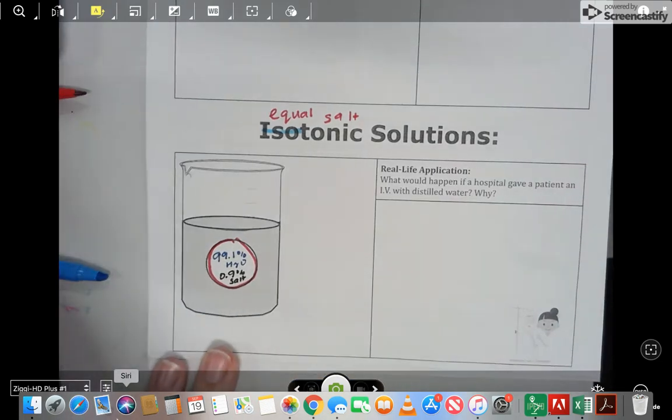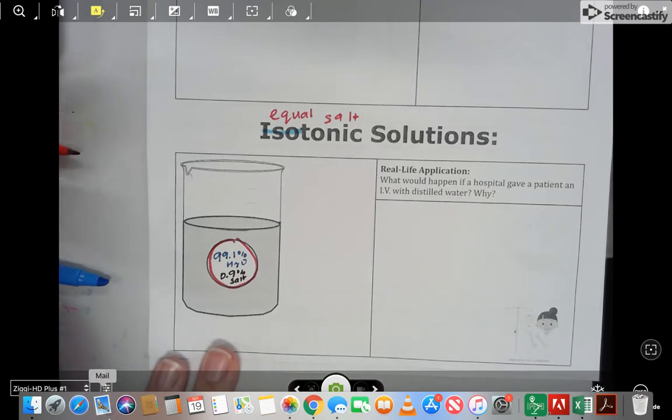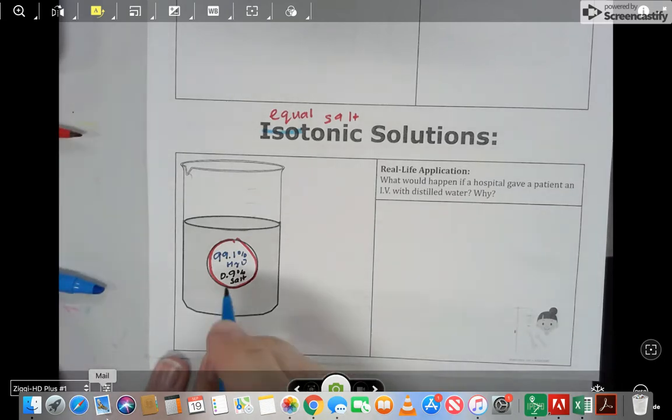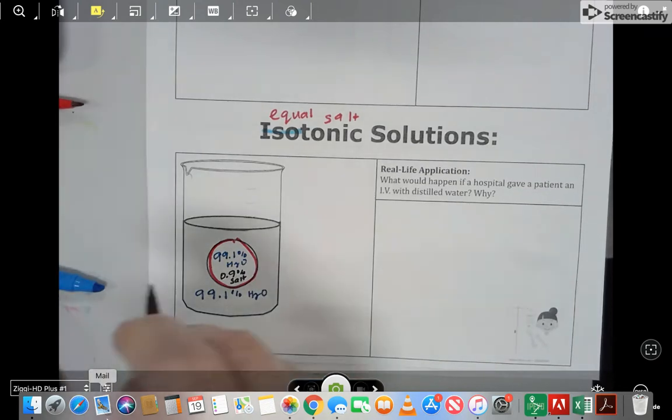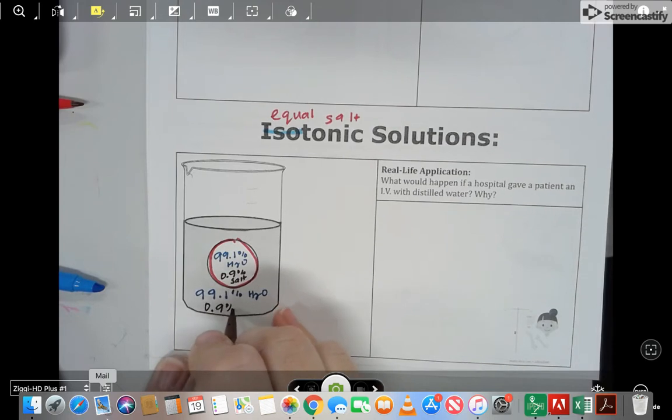If it's an isotonic solution, you have to have equal water and salt concentration on both sides. So this surrounding solution would have to be 99.1% water and 0.9% salt.